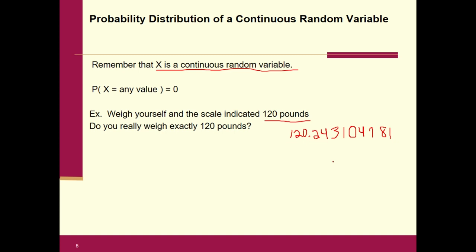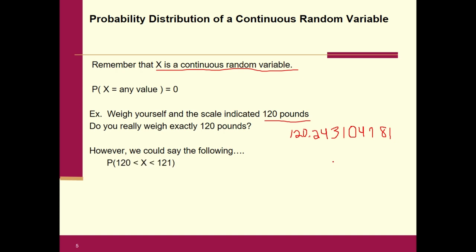However, you're probably asking yourselves, where the heck are the probabilities if they're not sitting on any specific value? Well, let's say your weight fluctuates about 5 pounds during the year, so you could weigh anywhere from 117 to 122 pounds.